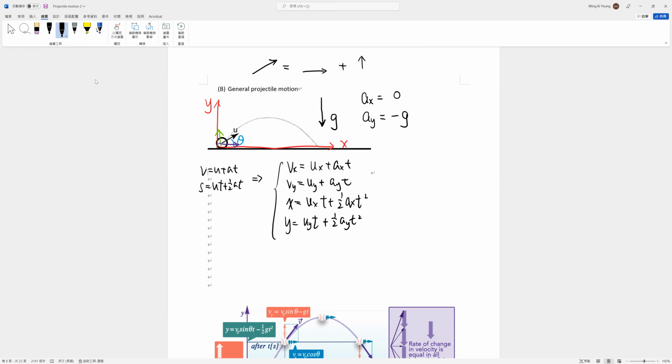What should be the green one in terms of U and theta? It should be U sine theta. Then the purple one should be U cosine theta. So this is UY and this is UX.